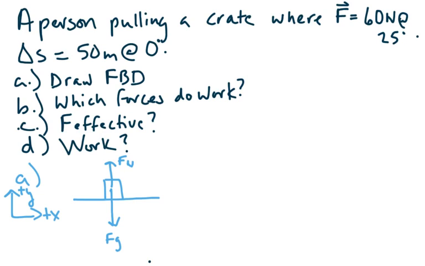These forces should be equal, pardon my drawing, and I know that I have an applied force being placed on the object at 25 degrees. So this is the force here that's being applied. Here is my FA, and you'll notice that it's 25 degrees from the x-axis. There's my theta.